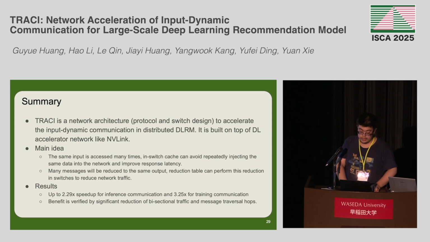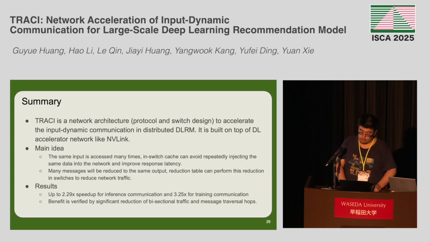So here's the summary. TRACI is a network architecture, especially a protocol and switch design, to accelerate the input dynamic communication in distributed DLRM. It is built on top of DL accelerator networks like NVLink. There are two main ideas.